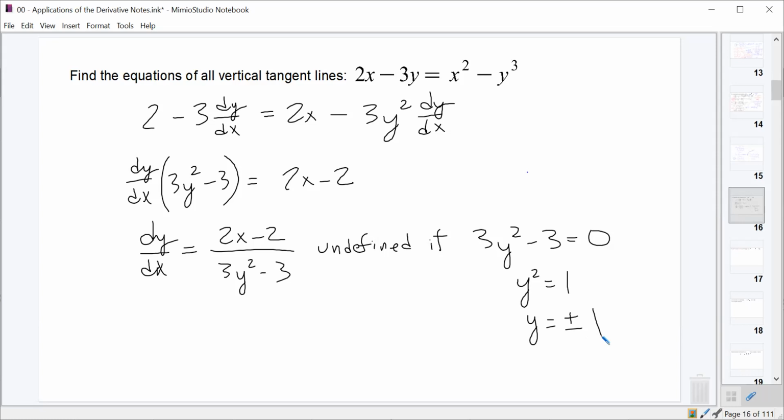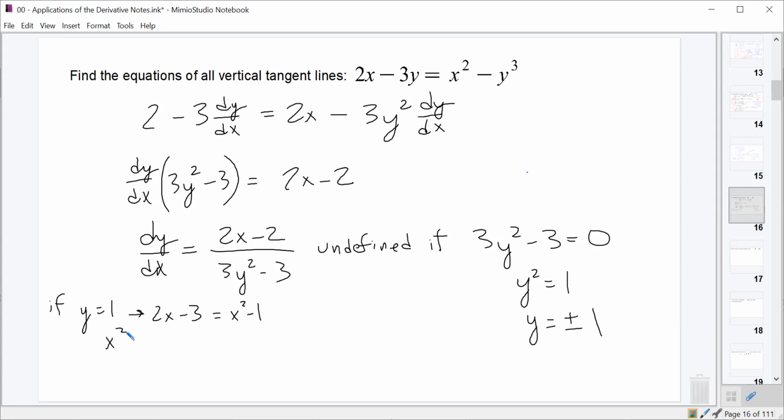So we've got 2 possible locations where this thing might have a vertical tangent line. So first off, what happens if y equals 1? Well, if y equals 1, when we plug that into our original equation, we get 2x minus 3 equals x squared minus 1. And that's just a quadratic.